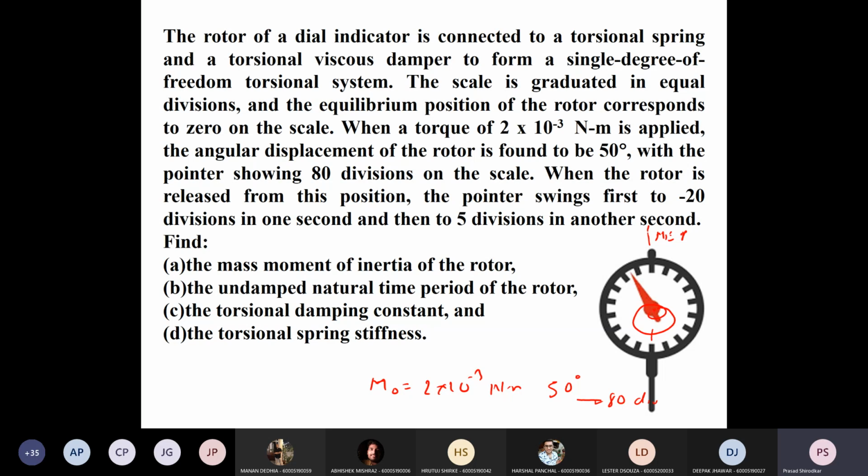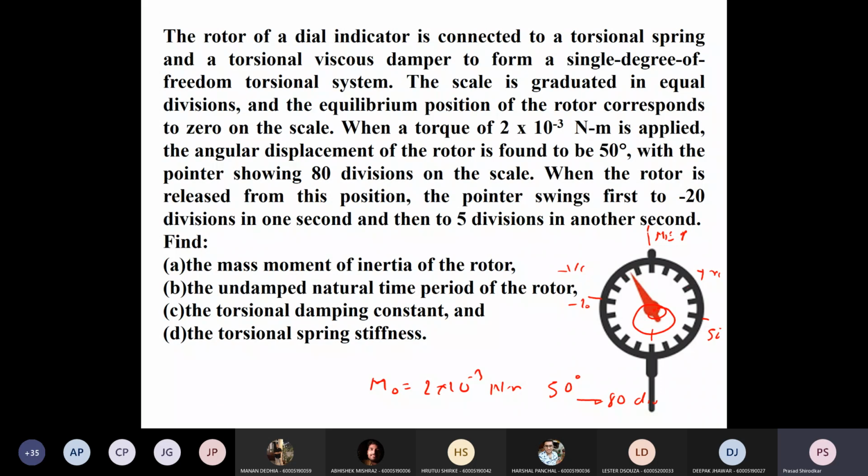Alright, and when the rotor is released from this position, the pointer swings. So suppose this is the positive side, this is the negative side. On the positive side it goes up to 80 divisions. Okay, so now it is released. Then it goes to minus 20: 5, 10, 15, 20.